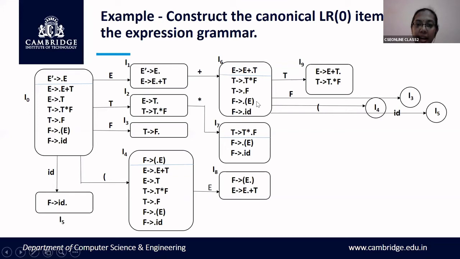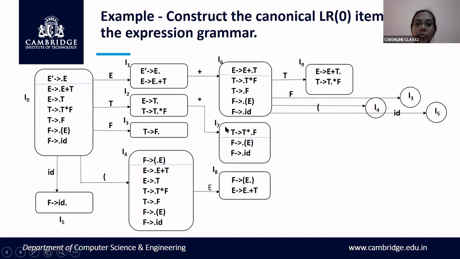Instead of putting an arrow mark to I5, I am just naming that state as I5 here itself. So that is the transition from I6. From I6, you are going to state I9 on T, you are going to state I3 on F, you are going to state I4 on open parenthesis, you are going to state I5 on ID.